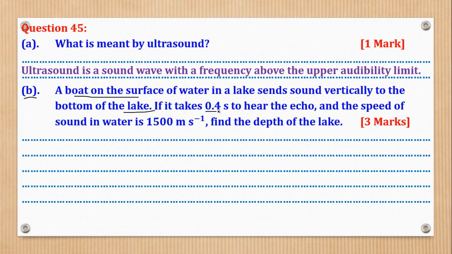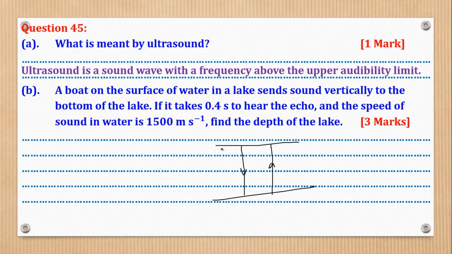If it takes 0.4 seconds to hear the echo, and the speed of sound in water is this, find the depth of the lake. So an echo is a reflected sound, so it moves from here to the bottom and then back.